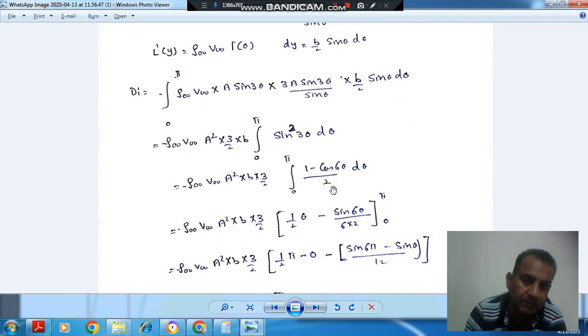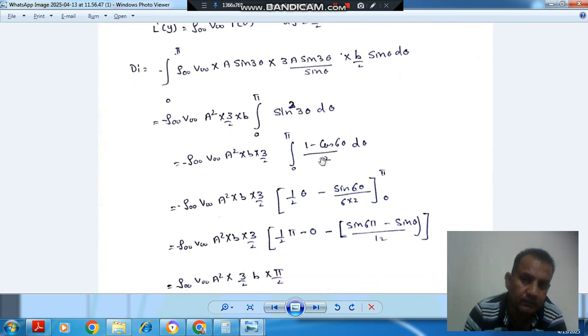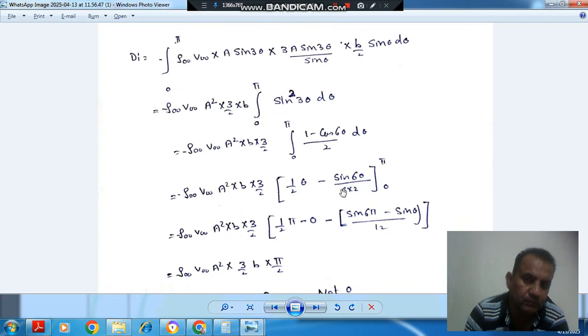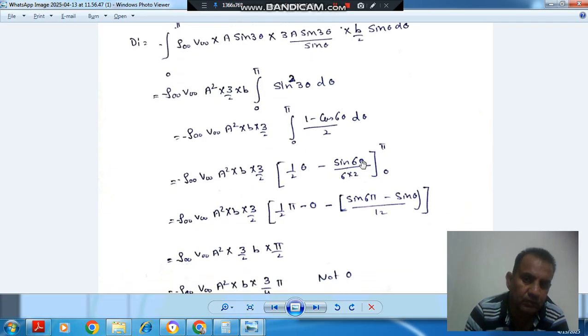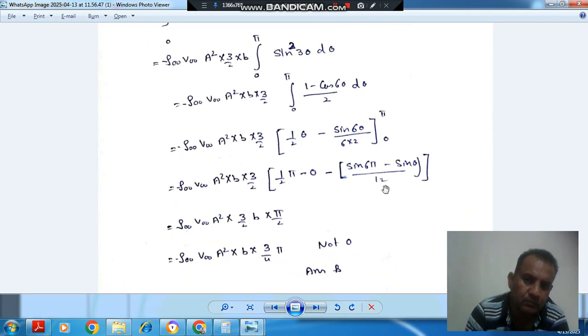So it will be integrated as θ/2 minus sin 6θ by 6 into 2. If we put the limits, it will be π/2 minus 0, minus (sin 6π minus sin 0) divided by 12. So it will give some value, that value is minus ρ∞ A² b by 4 π.